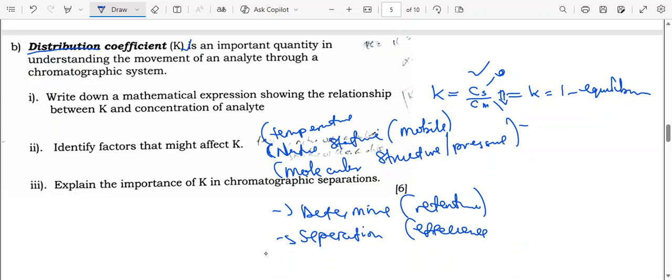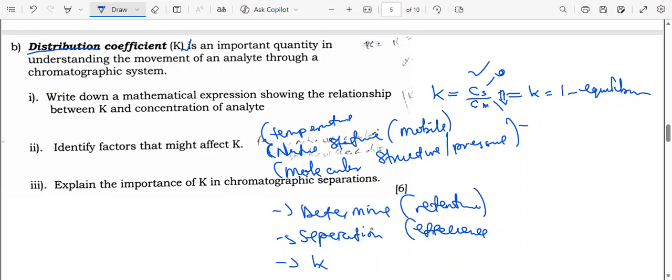Then the other thing is it will influence the capacity factor. What is the capacity factor? It is the same K I'm talking about. So the same K, which is called the capacity factor, will be affected by these factors. K is sometimes called the distribution coefficient or partition coefficient.